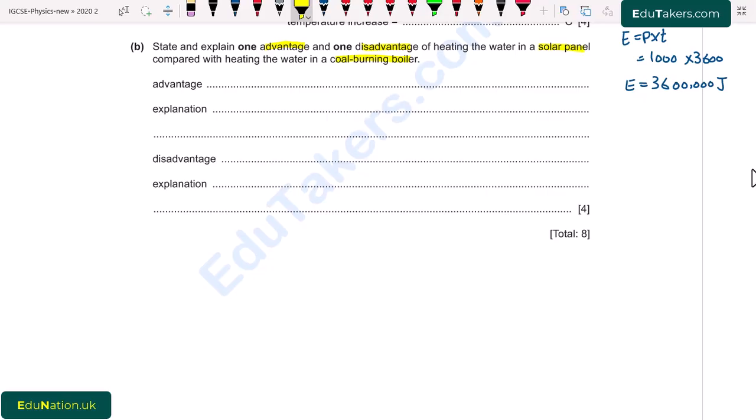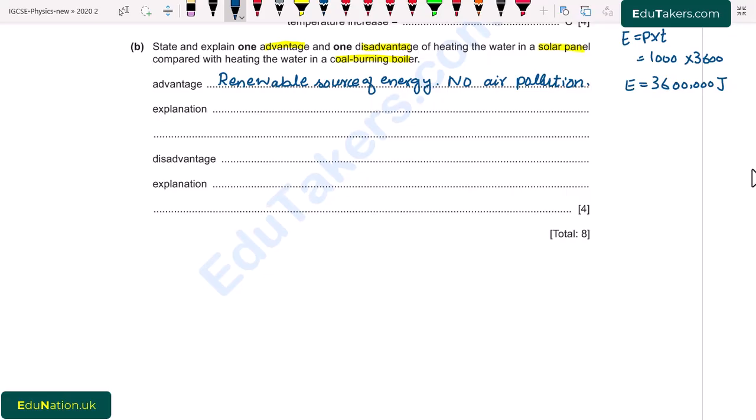So I write here renewable source of energy, and other is no air pollution. It does not cause any air pollution.